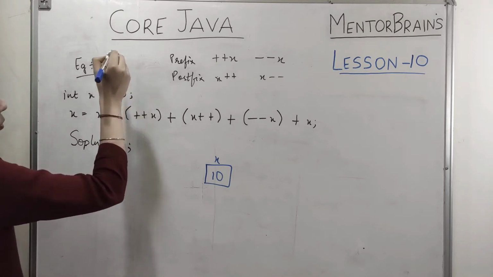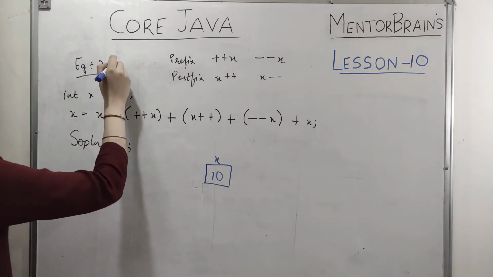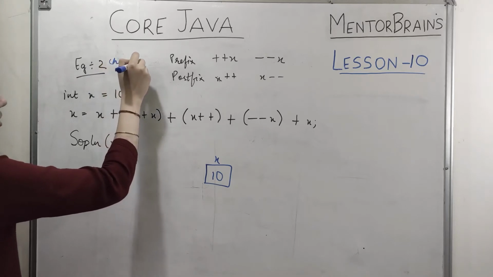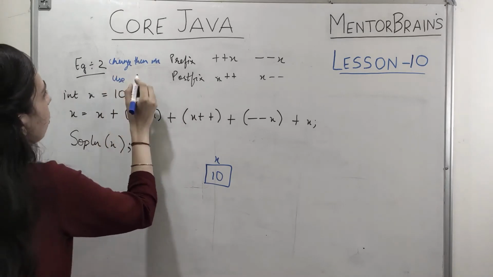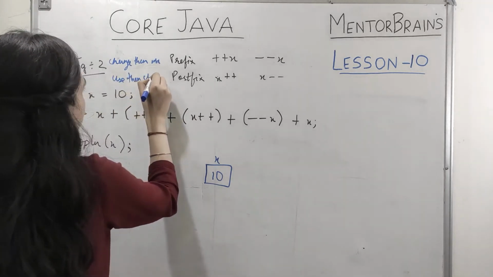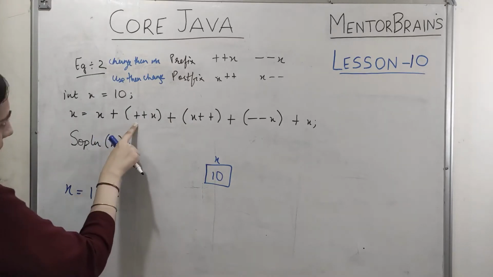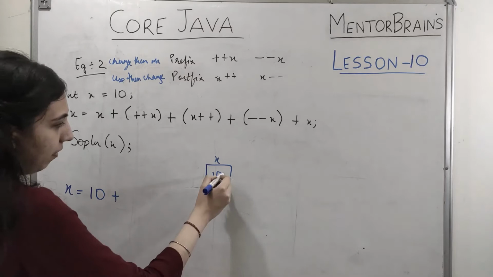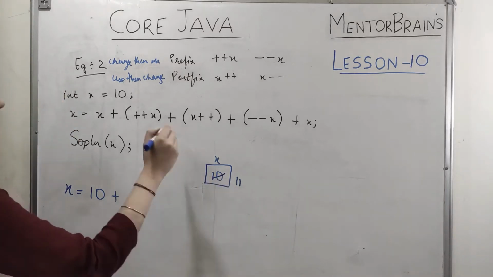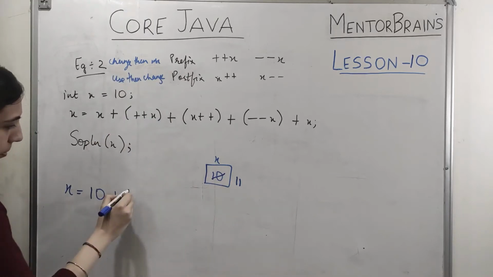I have already told you that prefix was change, then use, and postfix was use, then change. So 10 will be converted to 11 and it will be used because it is change then use. So the changed value will be written over here.